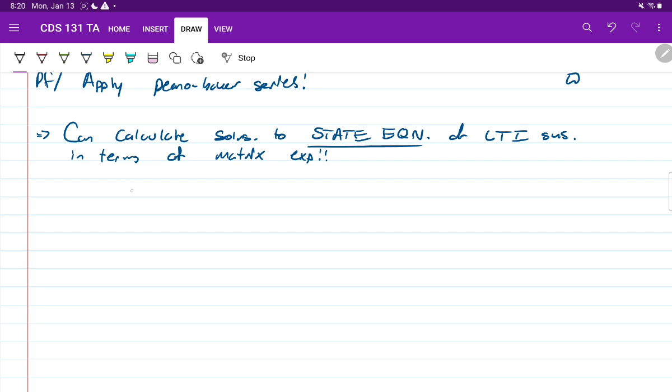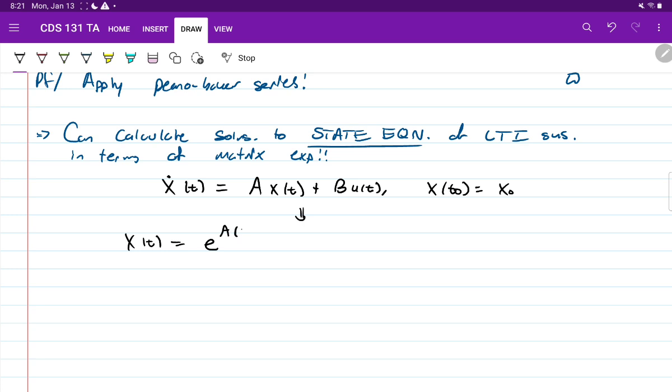So what we have is that the solution to the initial value problem x dot of t equals A times x of t plus B times u of t, with an initial condition x of t naught equals x naught, is going to be given by the formula x of t equals e to the A(t minus t naught) times x naught plus the integral from t naught up until time t of e to the A(t minus tau) B u of tau d tau.